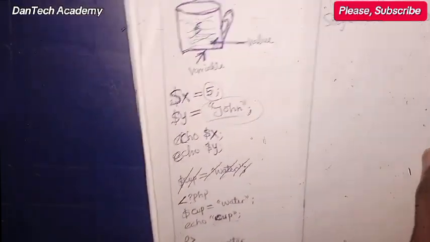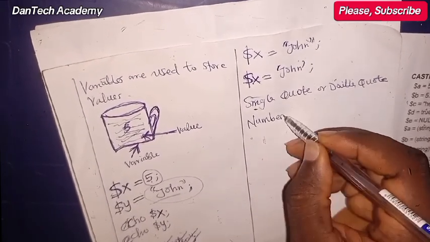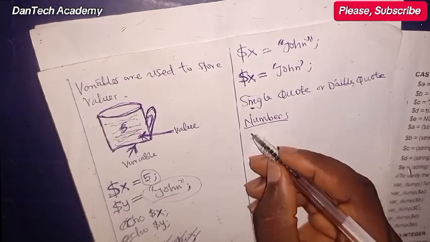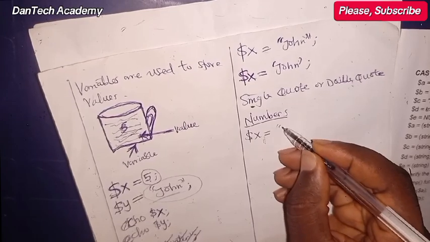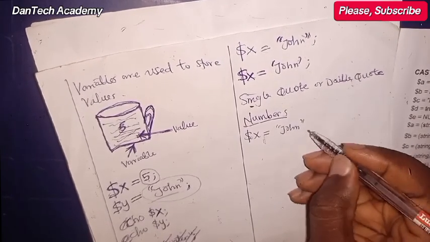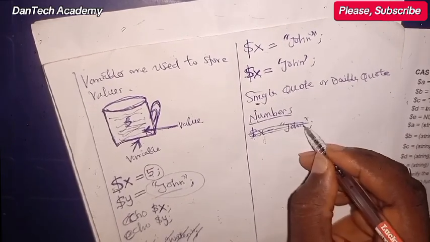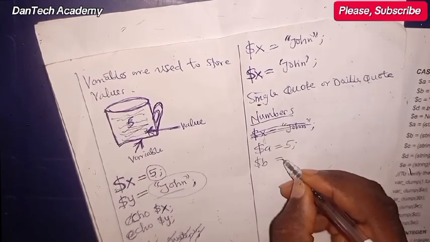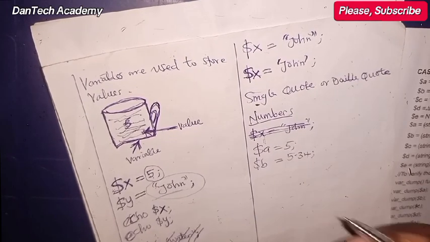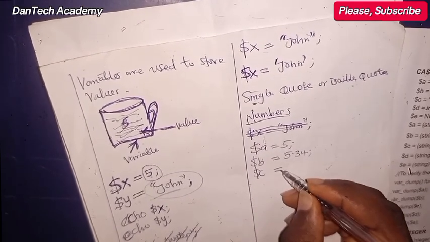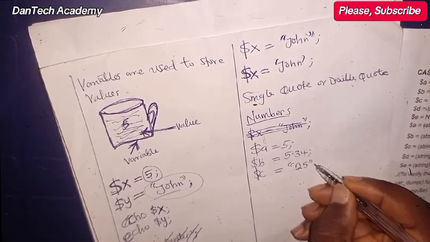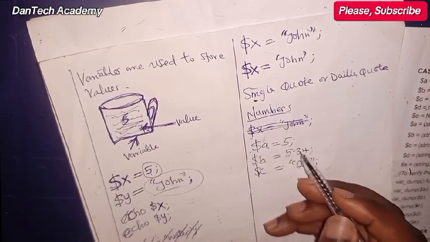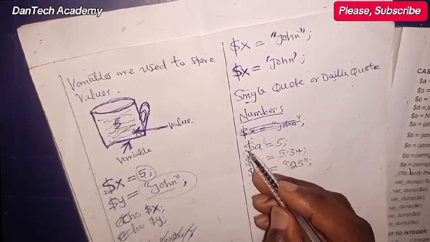Under numbers, if we have something like this, dollar sign a is equal to 5, and dollar sign b is equal to 5.34, dollar sign c is equal to, now what I simply mean by that is all these dollar sign names are variables, and all these values after the equals sign are the values that have been assigned to these variables. They are stored inside these variables.